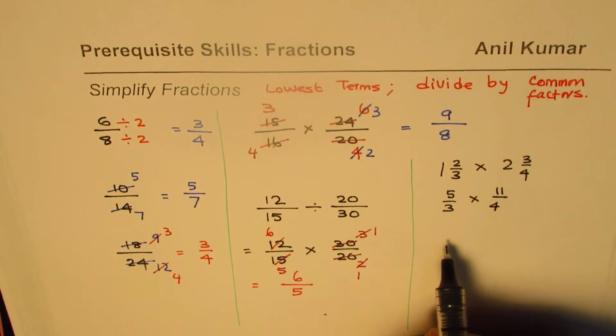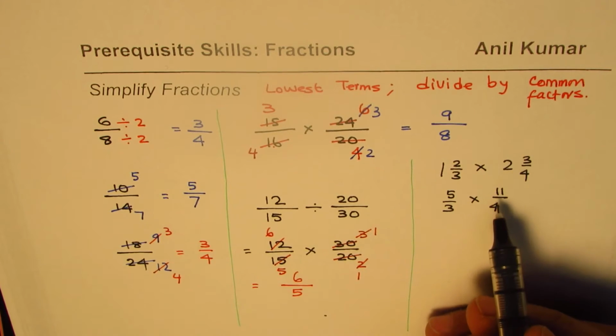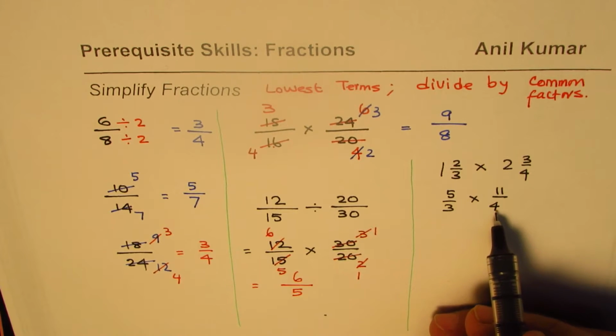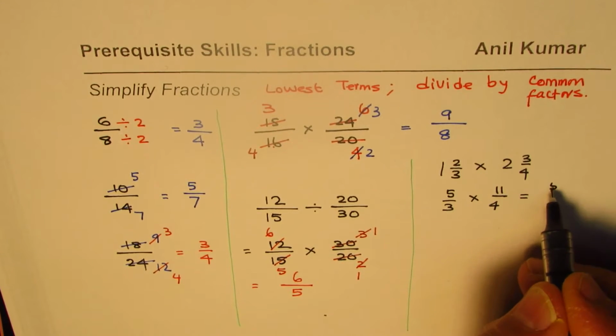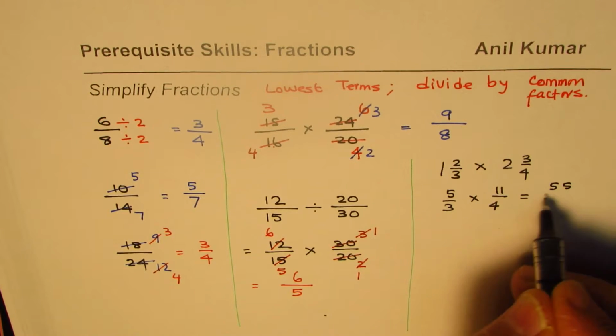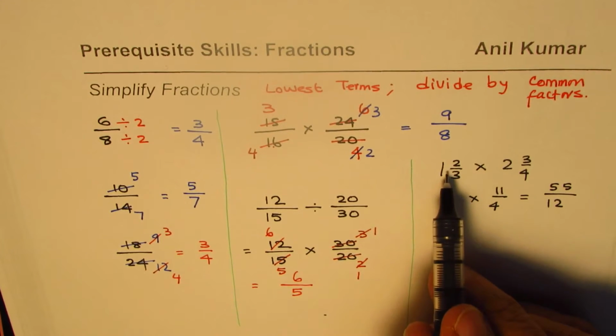Now in this particular case, it cannot be further simplified. As you can see, most of them are prime numbers, and none of them is even. So you could write this as multiply the numerators 55 and the denominators 12. You may convert it back to a mixed number.